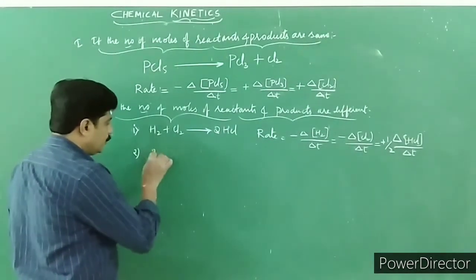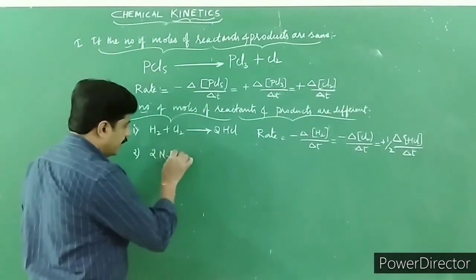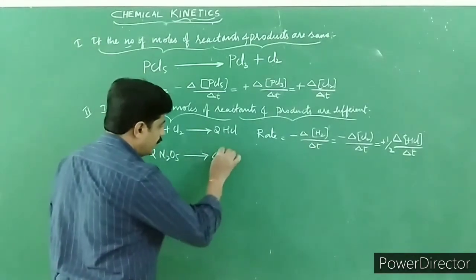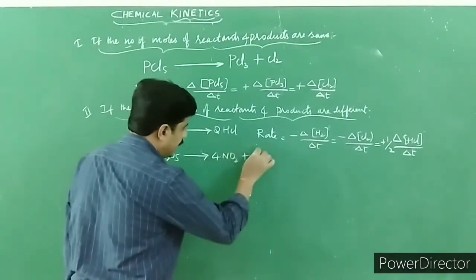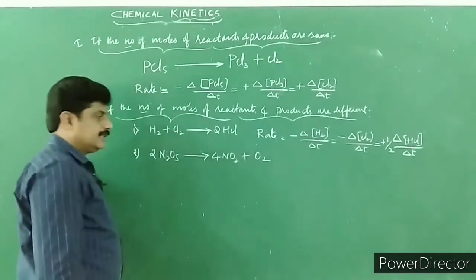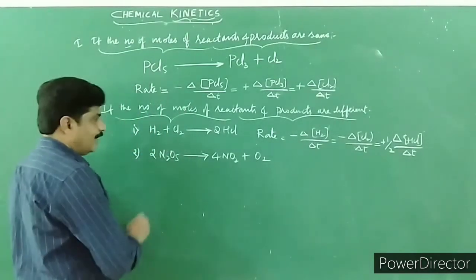Look at here. 2N2O5 giving rise to 4NO2 plus O2. Children, in this case, look at here, how do I write?